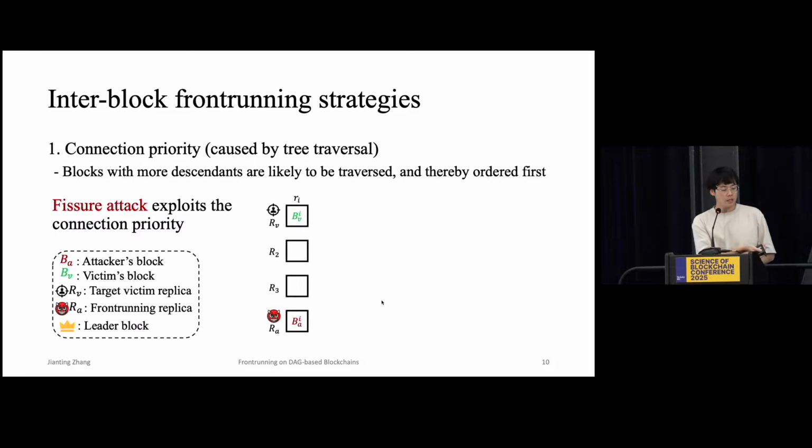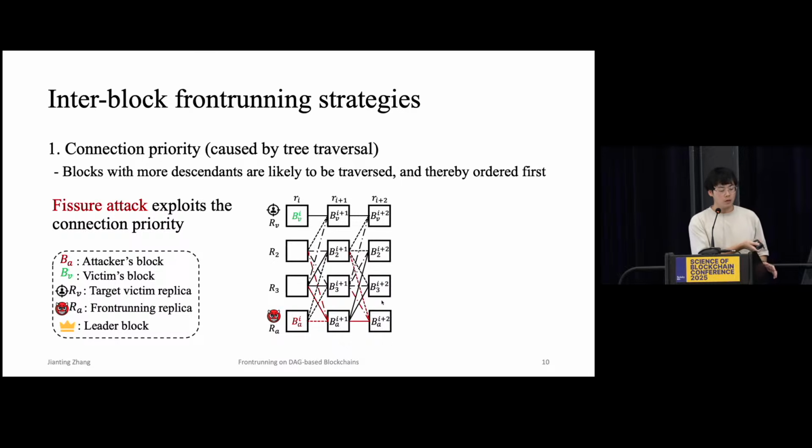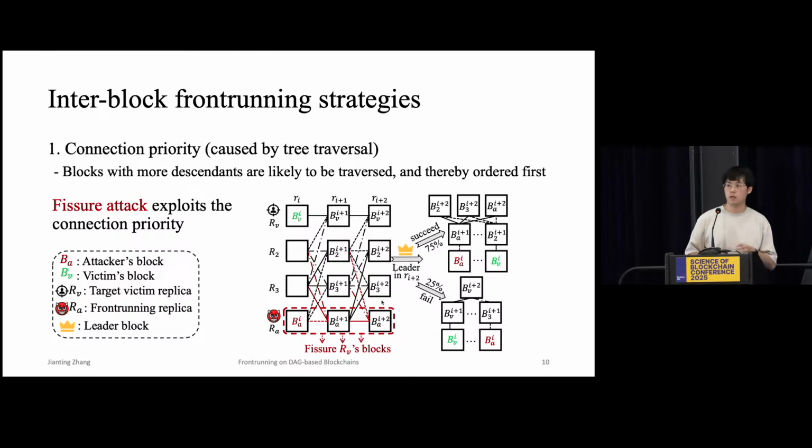The high-level idea is that whenever the malicious replica creates its blocks, it excludes the blocks from the so-called target replicas, which contain some victim transactions. By doing this, the replica creates a gap between its created blocks and the target victim block, and we find that the attacker can increase the possibility of launching a successful inter-block front-running.